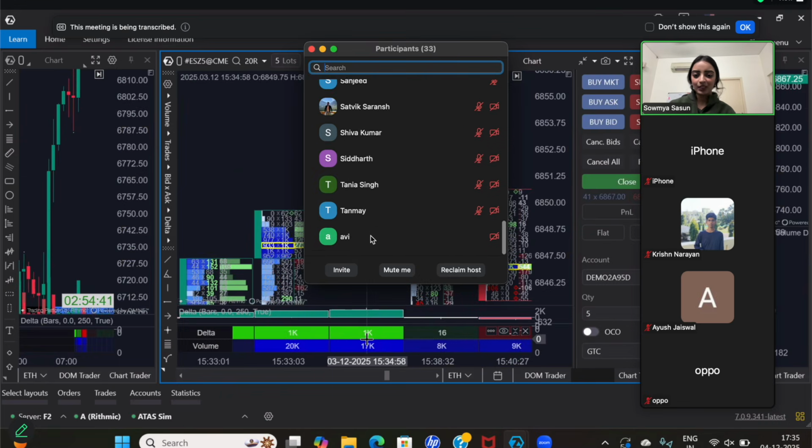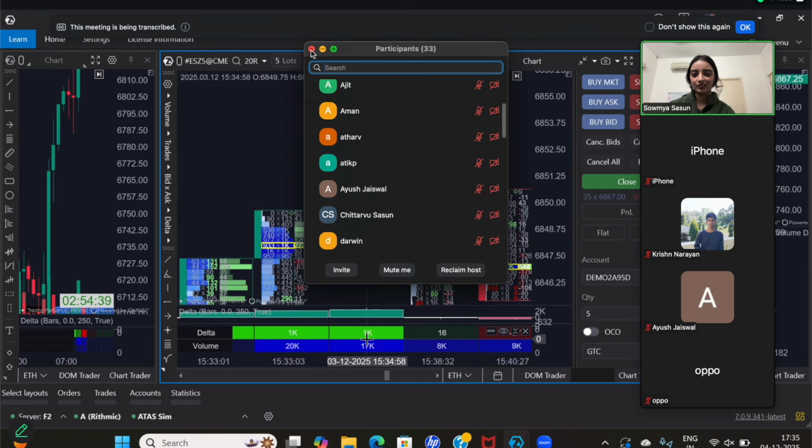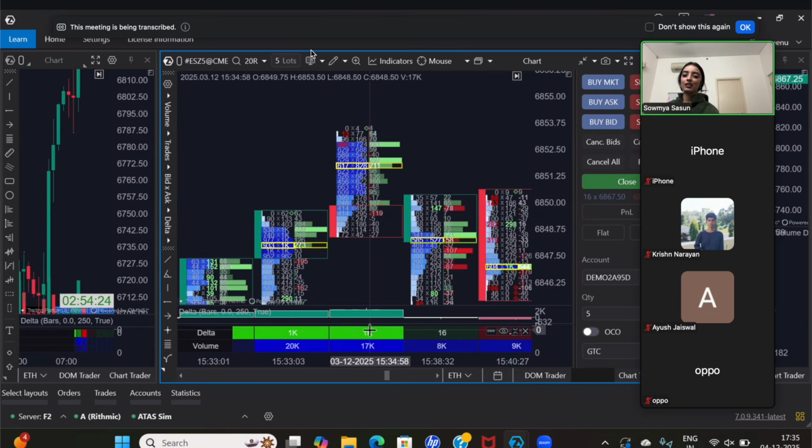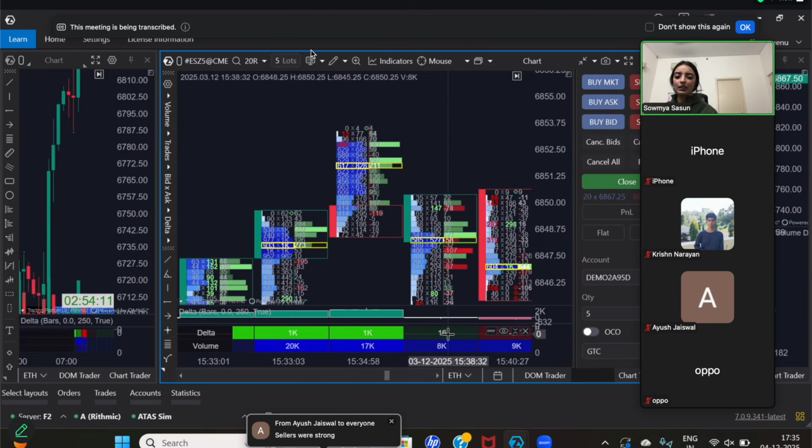Now, let me tell you what this is. If I have a red candle showing me that there are 1k buyers, despite so many buyers the sellers were still able to close the price lower. Despite the delta being extremely positive, this is not 10 or 100 or 200 buys.